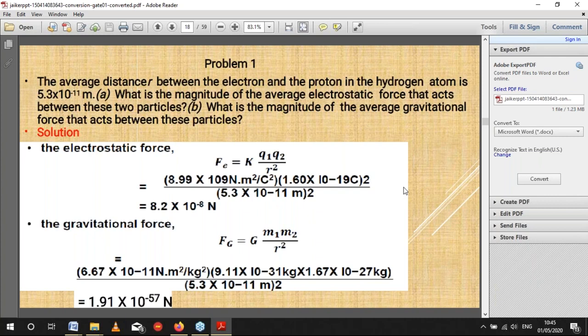Don't forget we are asked to look for R. By cross multiplication, R squared is equal to K into Q1 Q2 all over F subscript E. So R is the square root of K into Q1 Q2 all over F subscript E.